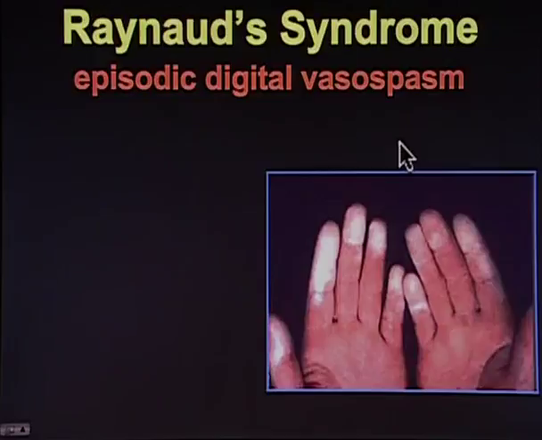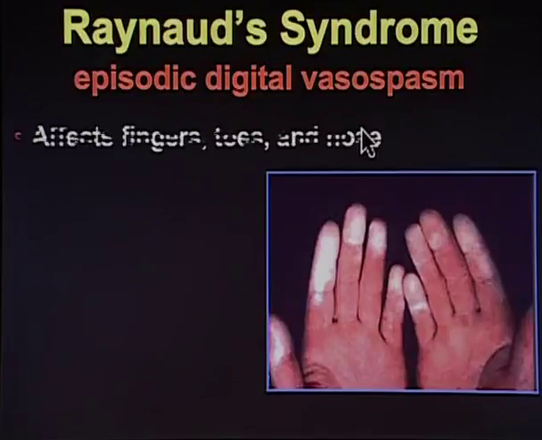Another sign and symptom that we see is Raynaud's syndrome. Raynaud's is an episodic digital vasospasm. This can affect the fingers, the toes, or the nose. Now, for all of us, we have a response to cold in which the body tries to preserve core temperature.